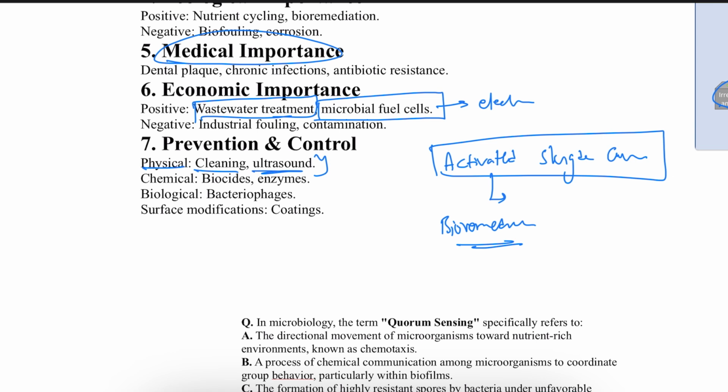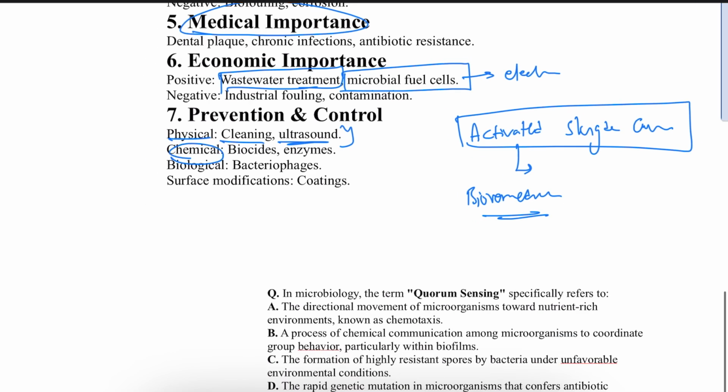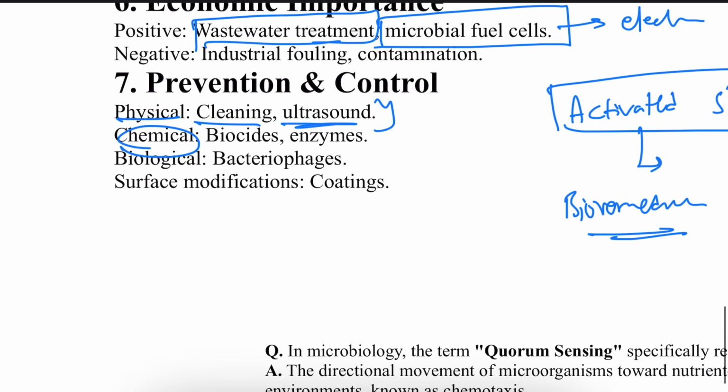Then we also have chemical methods where we use certain enzymes and biocides, which degrade the EPS. EPS is the protective environment. If we are able to destroy this EPS, the biofilm will automatically be degraded.